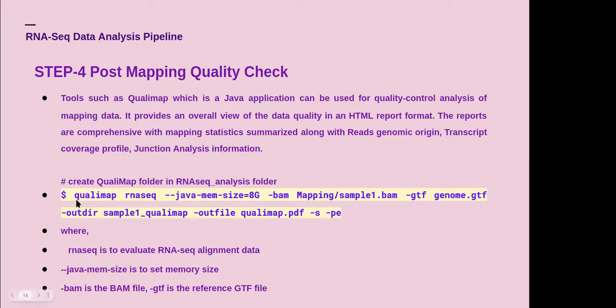QualiMap is a very popular software to check the quality of the mapping. We just run this command on our CLI, it's a Java application, and we get the report in HTML, same as for the initial FastQC. You can read more in detail about this.